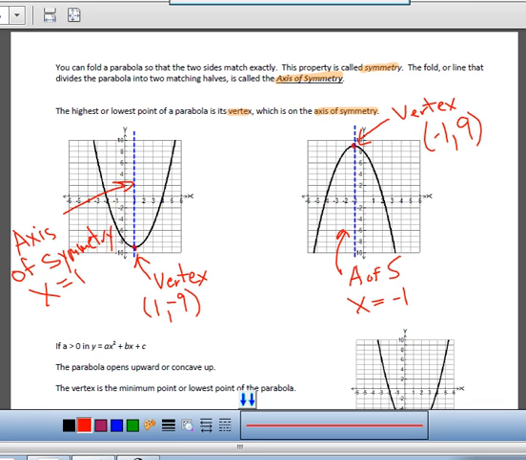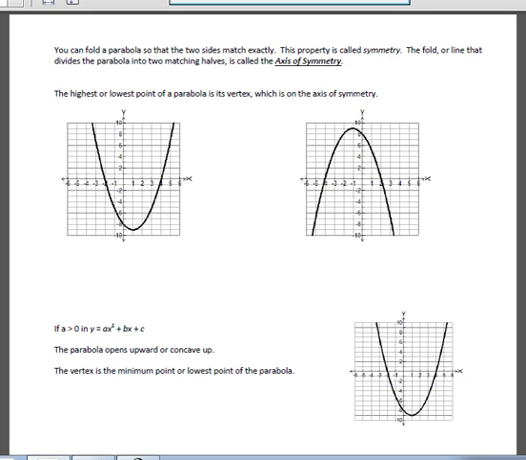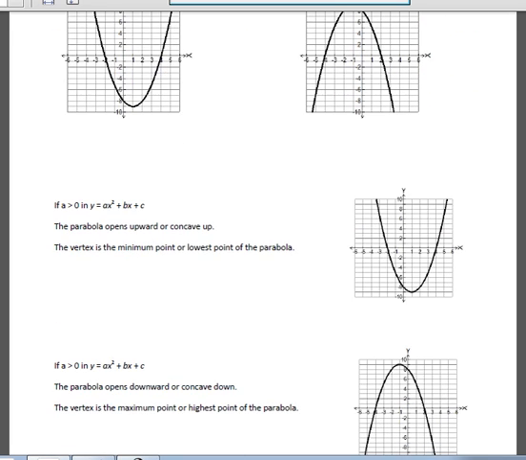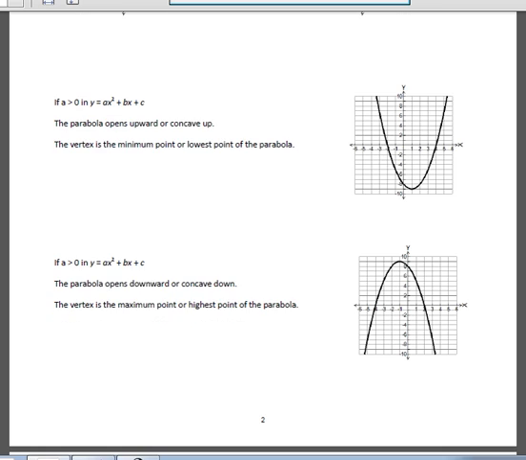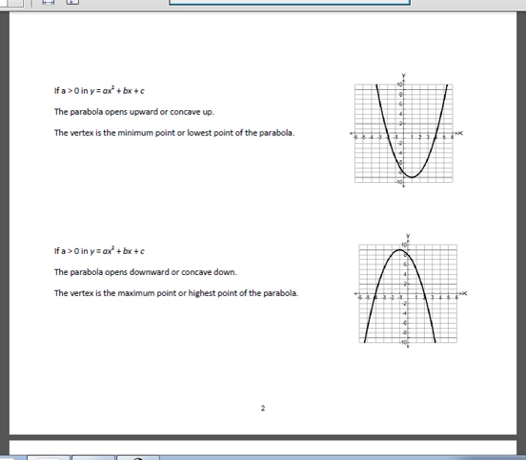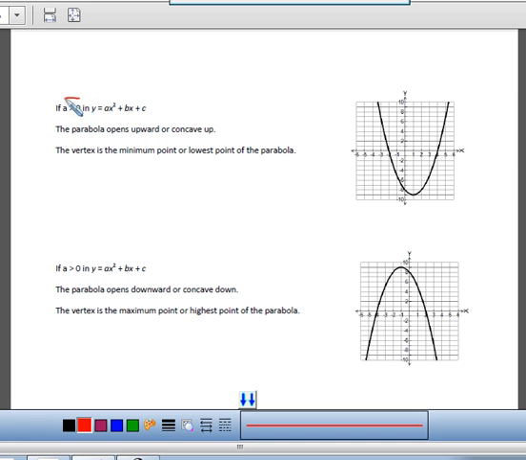Down below, there's a couple of things we're going to also talk about, and that is the concavity, which we've talked about in class. So the first example, if a is greater than 0 in y equals ax squared plus bx plus c, the parabola opens upward or concave up. So if a is greater than 0, so I want to point something out.